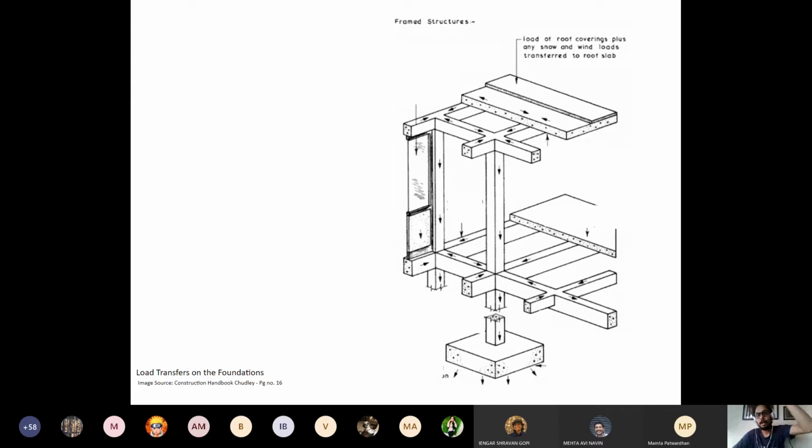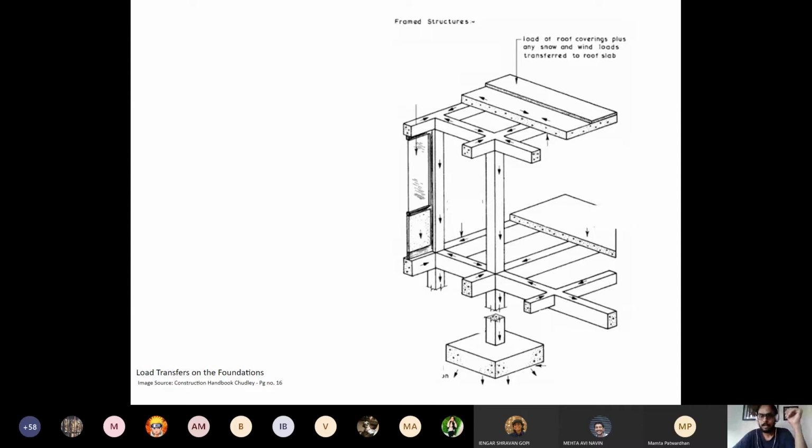There are loads coming from the roof that are transferred down to the roof slab. In our case, those loads are live loads. We don't have the situation where we have snow, so we don't have static loads like snow. But yes, wind is a very big factor in thinking about those loads.